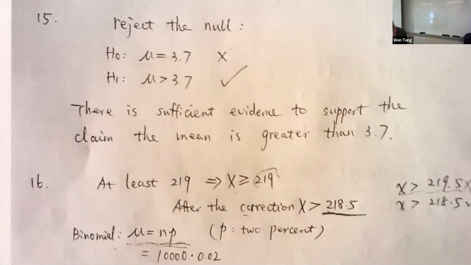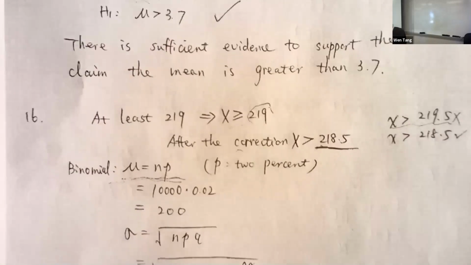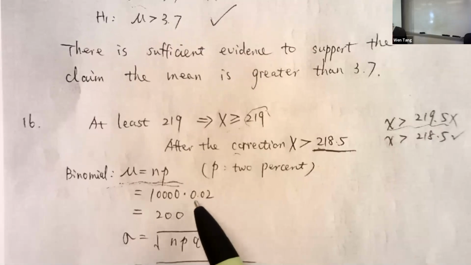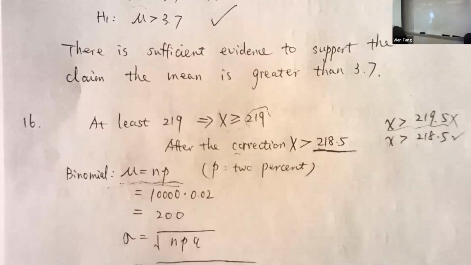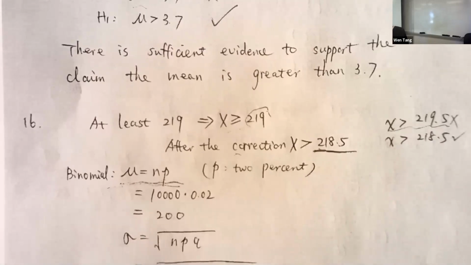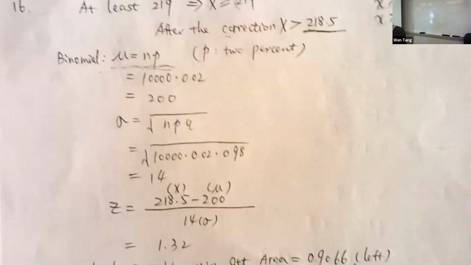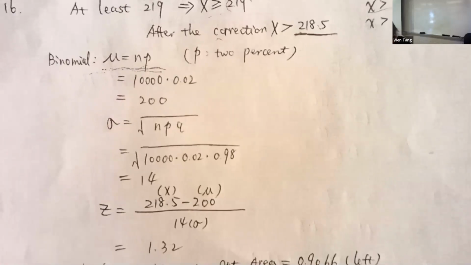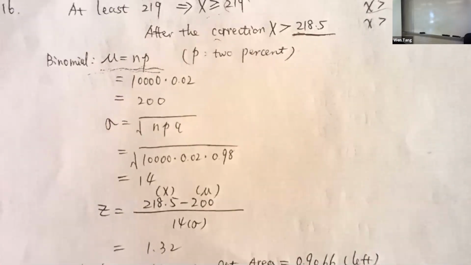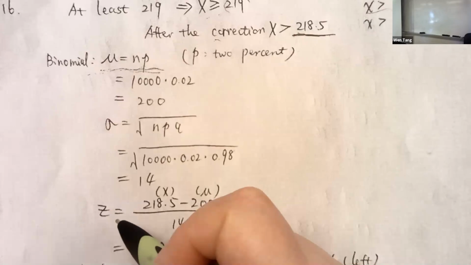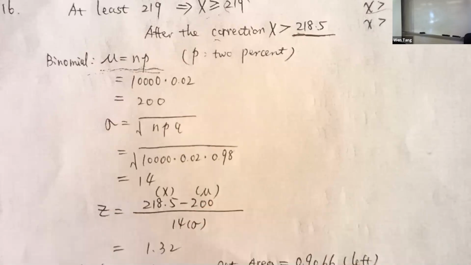So we use this formula: 10,000 times 0.02. We will get the mu, and similarly, we will use the formula for binomial to get the sigma. After that, we will get the z-score, okay? We're going to use the z-score to check the area.